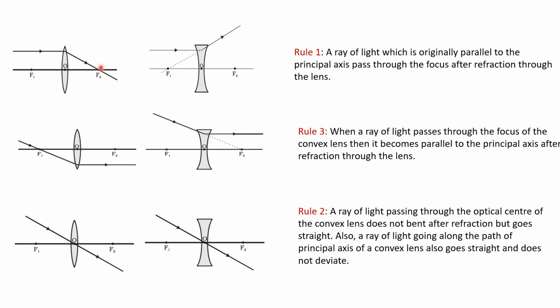Or in the case of a concave lens, a ray of light which is originally parallel to the principal axis will appear to be coming from the principal focus. So these are the two cases for convex and concave lenses. This is rule number 1.